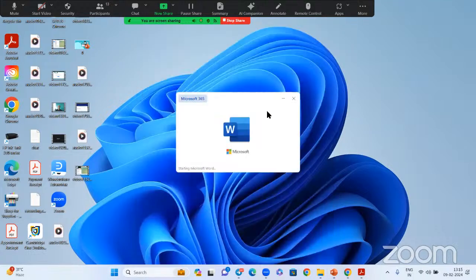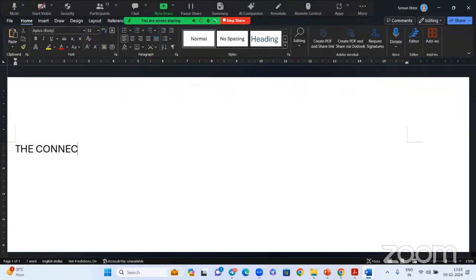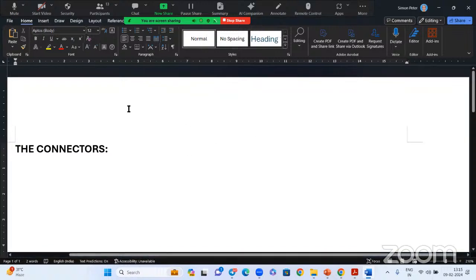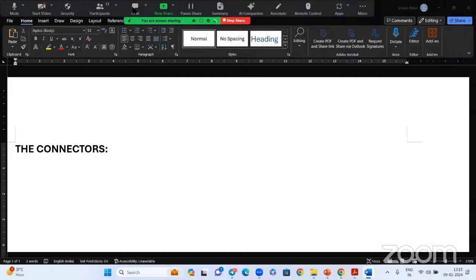Now we have the connectors. Write down as many connectors as you can, all of you.